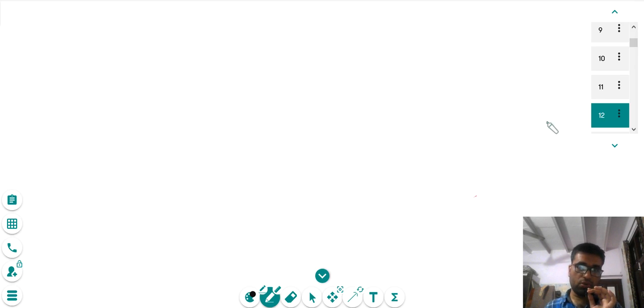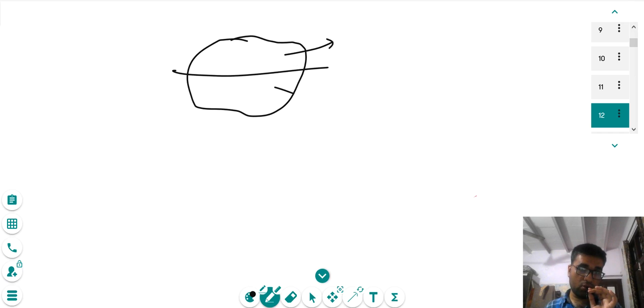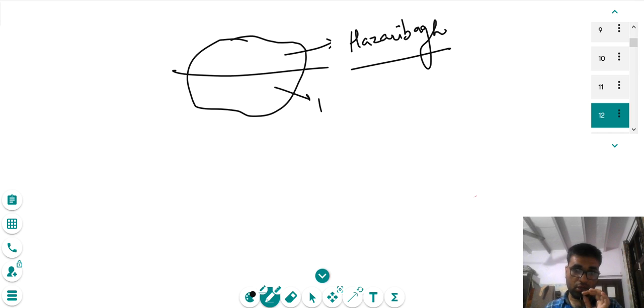Now the Chota Nagpur Plateau is divided in two segments. The north part is called the Hazaribagh Plateau, and the south one is called the Ranchi Plateau, right?